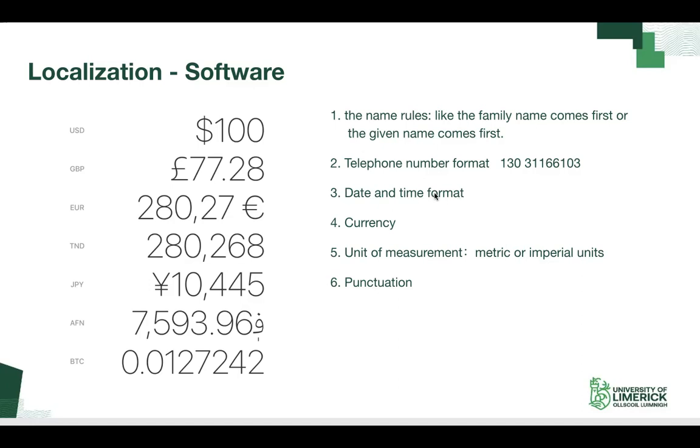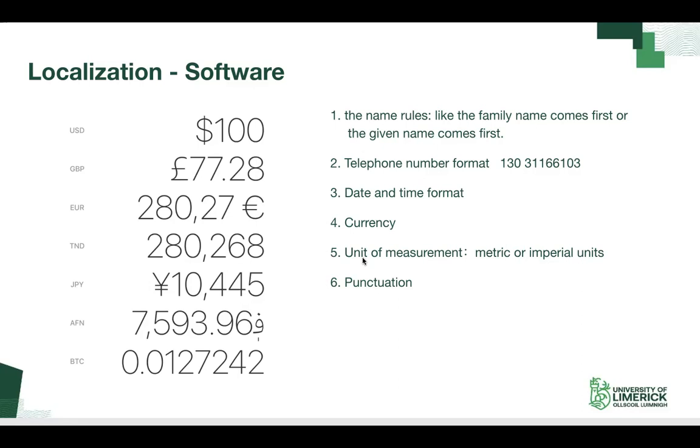And in the UK or Ireland it should be day, month, and year like this. Then it's about currency. When the application needs to show different countries' currency, the right currency is obviously necessary, like in this picture: dollars, pounds, euros, and RMB.